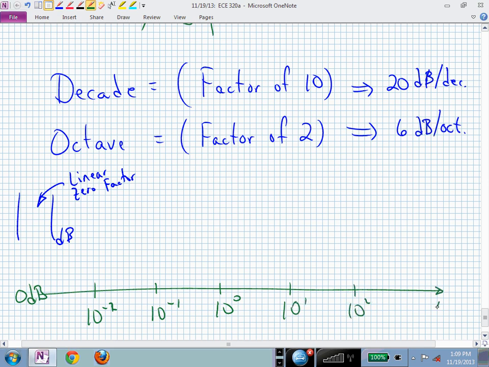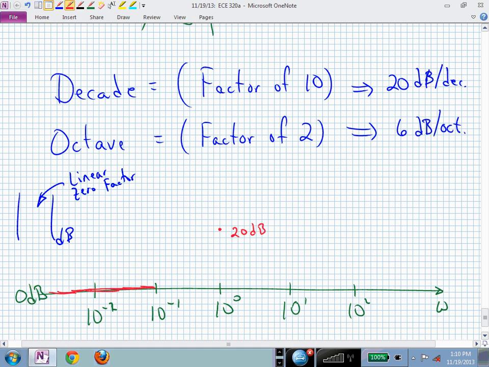I'm not going to get up that far. But now I said that my plot was flat at 0 dB until I reached my break. And once I hit the break, then I start sloping, and since it's the numerator, it's a zero factor, I'm going up with my slope. I now would be at 20 dB.